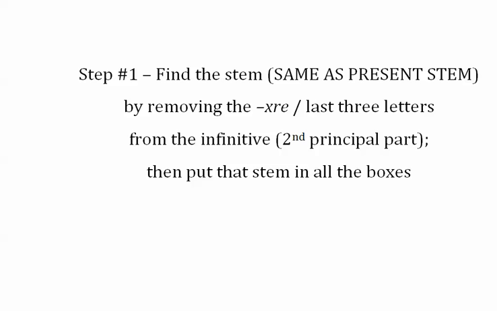To form imperfect tense, the first step is to find the stem, and the stem will be the same as the one we used in the present tense. And we can get that by looking at the infinitive, the second principal part of the dictionary definition, removing the last three letters, and then putting that stem in all the boxes.